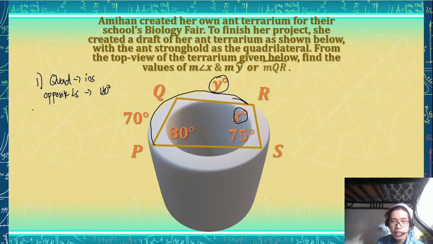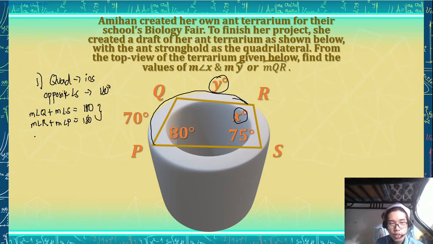Therefore, based on this figure, the measurement of angle Q plus the measurement of angle S is equal to 180 degrees, and the measurement of angle R plus the measurement of angle P is 180 degrees as well.